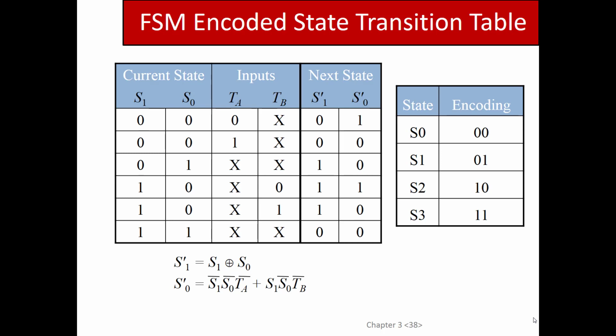S0 prime is a little bit more complicated, and it does include the inputs TA and TB. So for that, you can look at S0. So we've got 1, 2, 3 minterms there, right? Well, actually, I've got a don't care, so there's more than that.